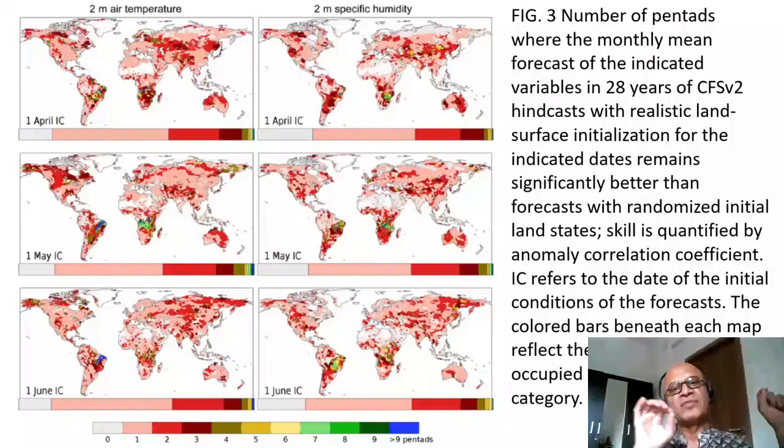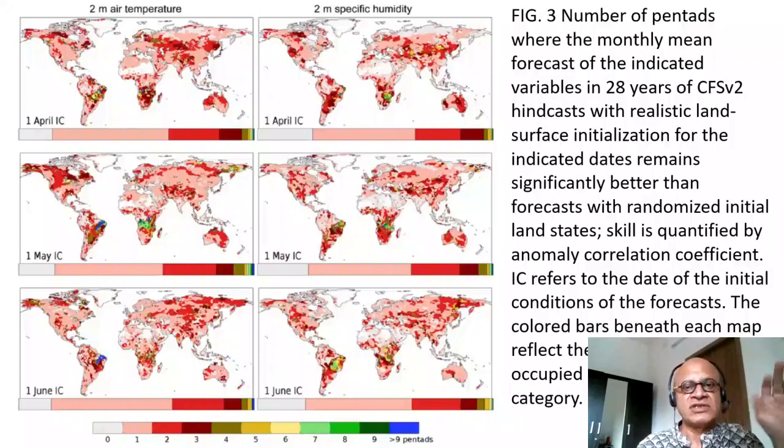They have extended from 3 days to 5 days to 7, maybe even 10 days, so short to medium range. And we were looking for S2S predictability from various processes and various statistical properties like coherence of rainfall distribution over land, for example. Here we are looking at the value of initializing land surface.